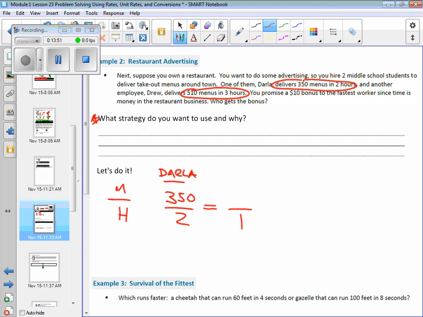Find her unit rate for 1 hour. Cav, what do you got? How many have 175? Okay, great. So she can deliver 175 menus per hour.